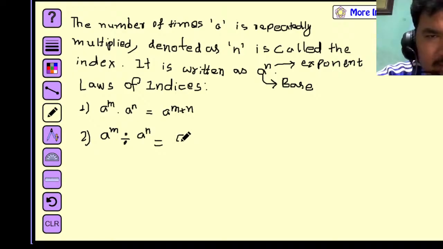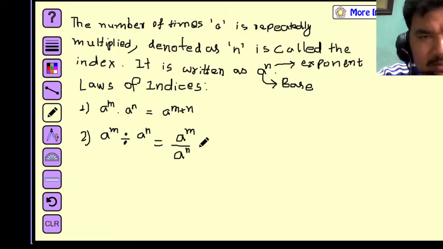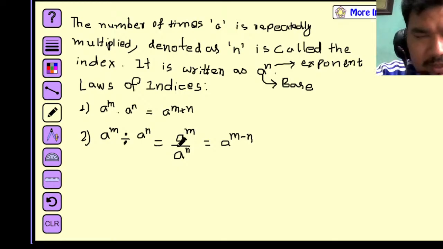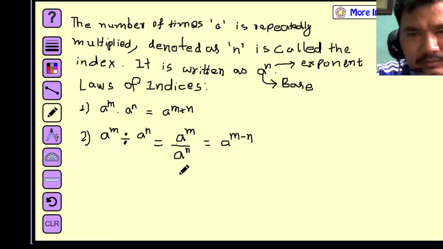Children, look here, a to the power m divided by a to the power n. In such case, we will write only one base a, and we subtract the power, m minus n. This is the second law of indices. When you divide expressions having the same base, we subtract the power.